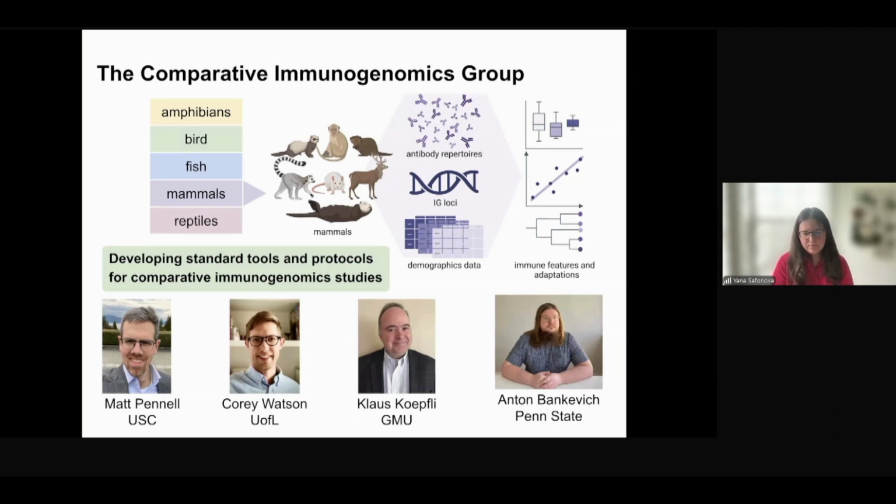I think we have a pretty cool team. We have Klaus, who has access to multiple population samples at the zoos and conservation studies. We have Anton, who specializes in genome assembly of complicated genomic regions. Of course, you all know Corey.